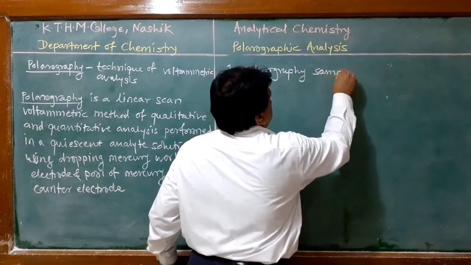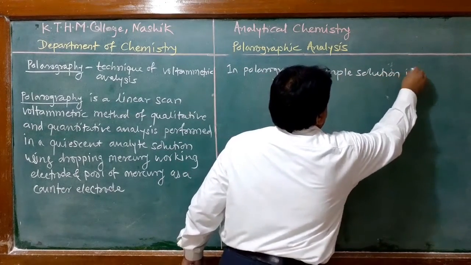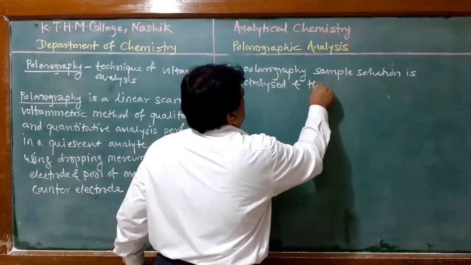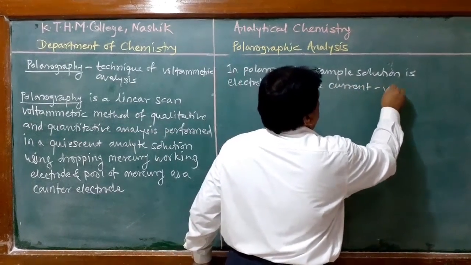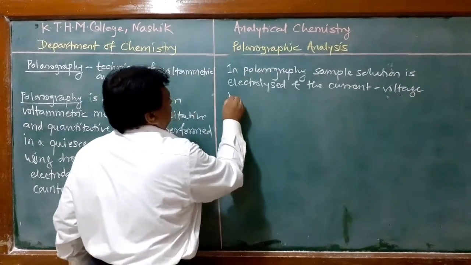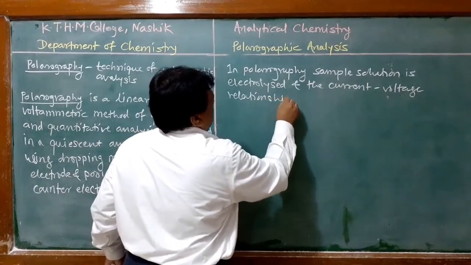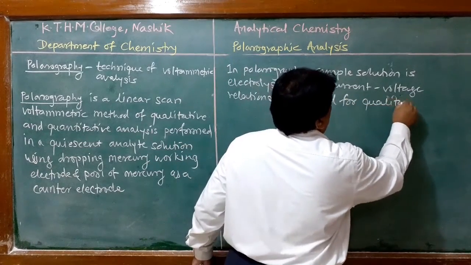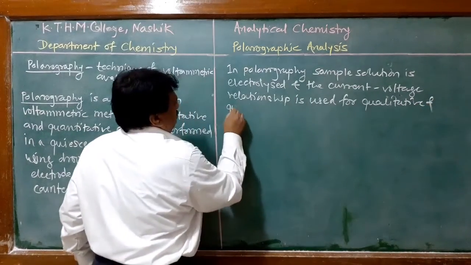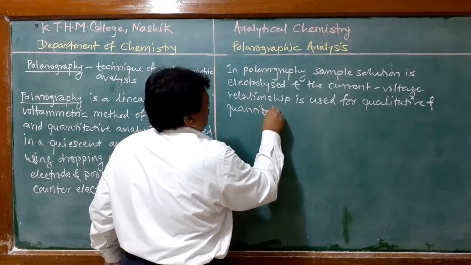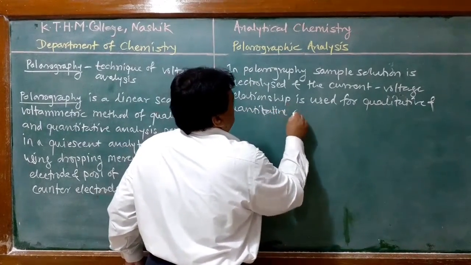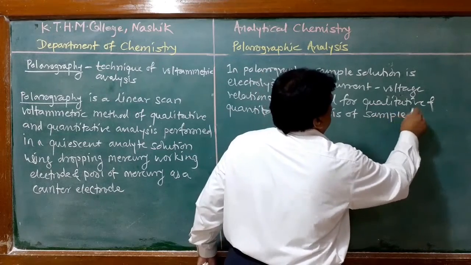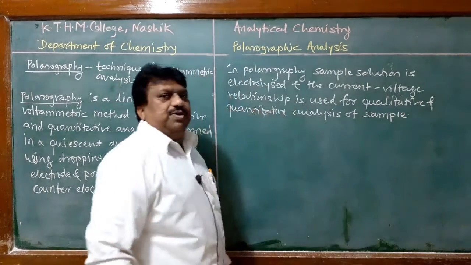In polarography, the sample solution is electrolyzed and the current-voltage relationship is used for qualitative and quantitative analysis of the sample or the analyte which undergoes reduction at the dropping mercury electrode.